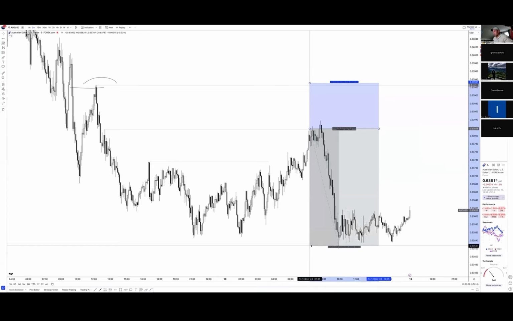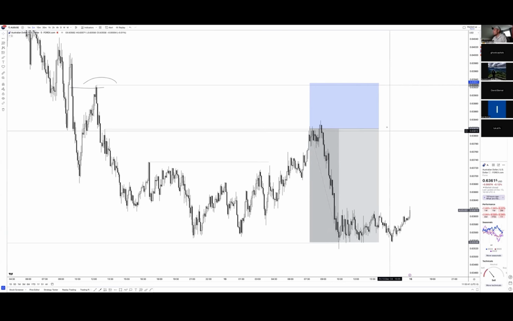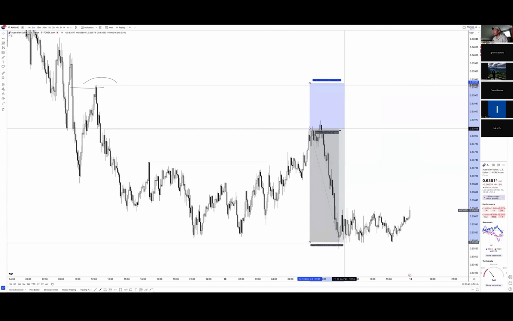And if I held to my target, it was only 1 to 2.5. Per my plan, it's nothing I'm interested in doing. I always want to wait for at least a minimum of 1 to 3, three times what I'm risking. And again, that's just for me. You guys find what works for you. But that's exactly the reason why I did not end up taking this trade yesterday.